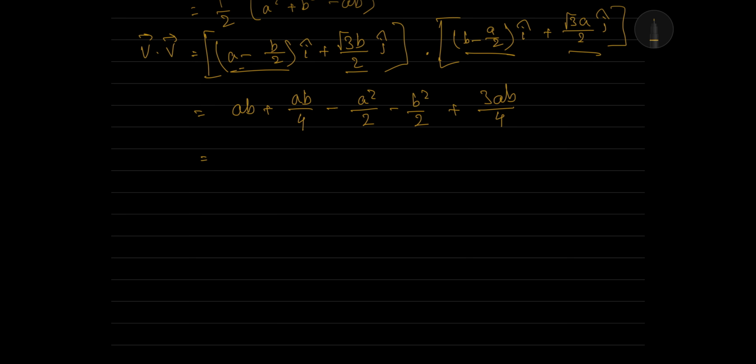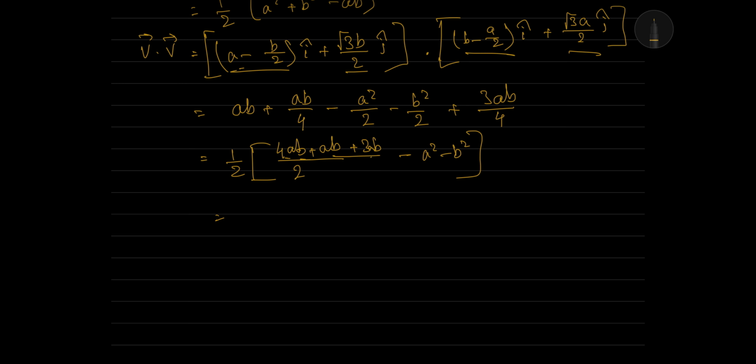This is equal to half of 2 into, this will be 4ab plus ab, and this will be again 3ab, minus a squared minus b squared.